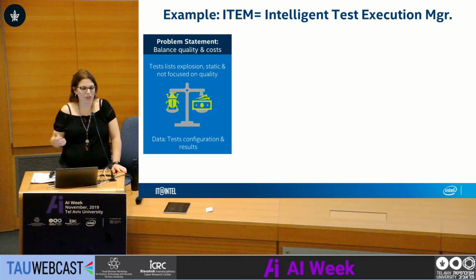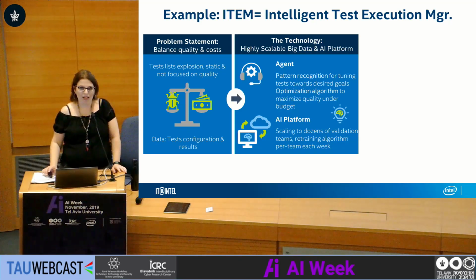And the data that we're utilizing is both the test configurations, what were the actual tests that were running, and the test outcomes, whether they arrived at desired goals or not. Over here, the agent is a combination of pattern recognition algorithms, and the goal of these algorithms is to tune the test, tweak the configurations to ensure that those tests are validating very well whatever they were aiming for, and an optimization algorithm that tries to holistically maximize the amount of functionalities that we cover with a given budget.